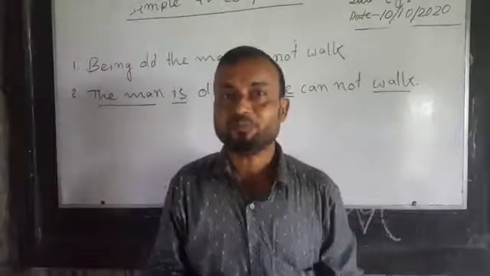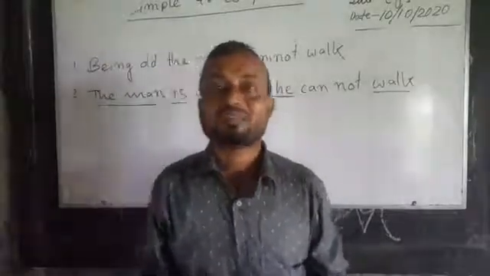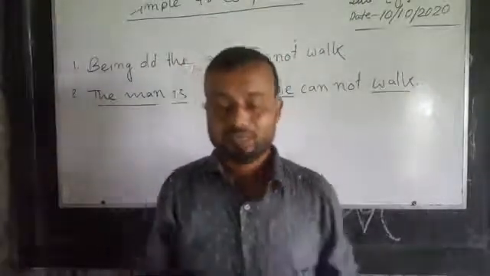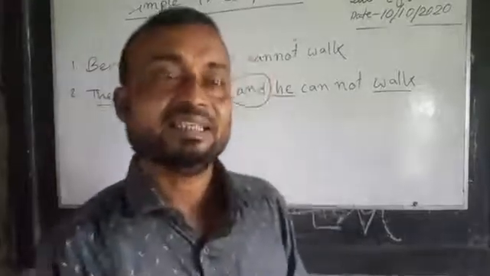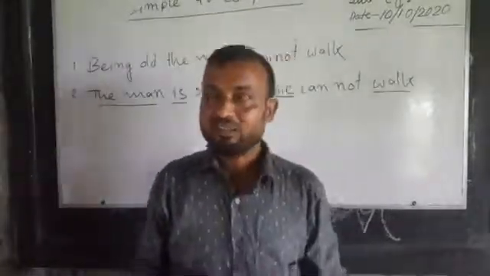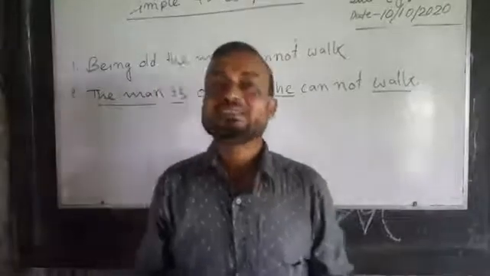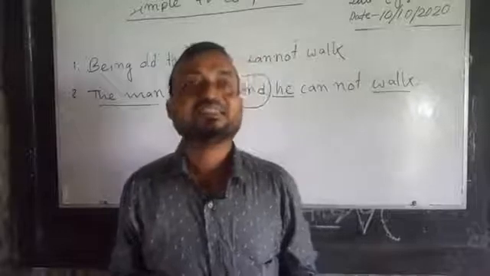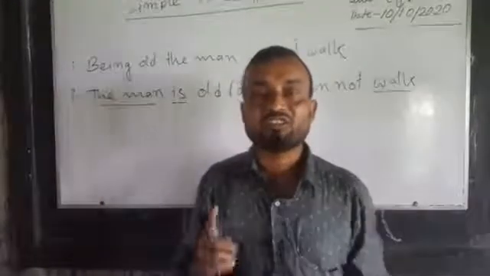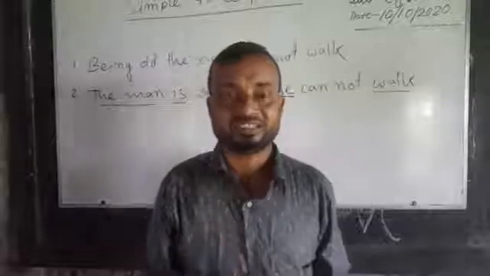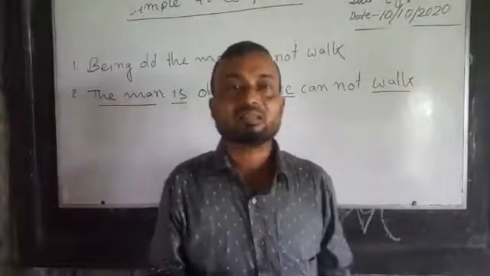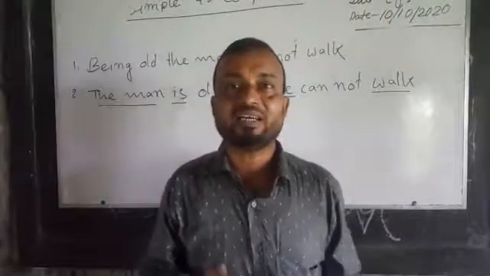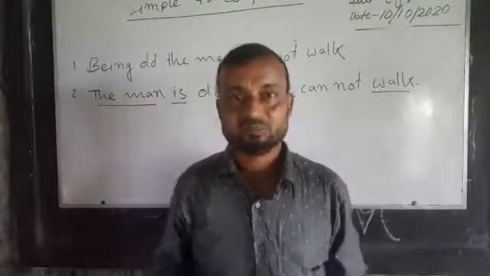In brief, today's topic is simple to compound. We already know the simple sentence and the compound sentence. A simple sentence contains only one finite verb and one subject, but a compound sentence contains more than one finite verb and more than one subject.